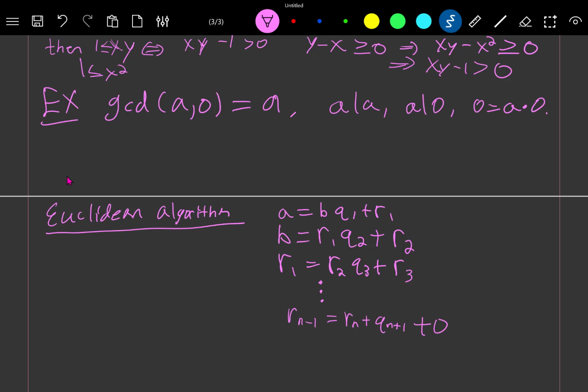And plus 0. And you can think of this 0 here as, say, R_{n+1}. But it's not here.